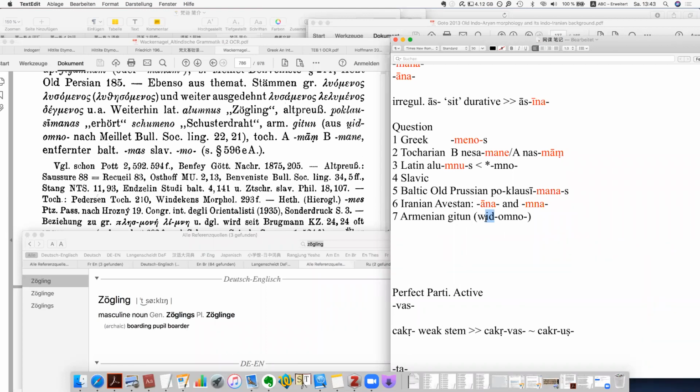So in Armenian, there's a sound change called w turns into a g at the beginning of the word. So wheat turns into a g, git. Yeah, and this sound change has a parallel in Khotanese. Yeah, so it's also found in Khotanese.